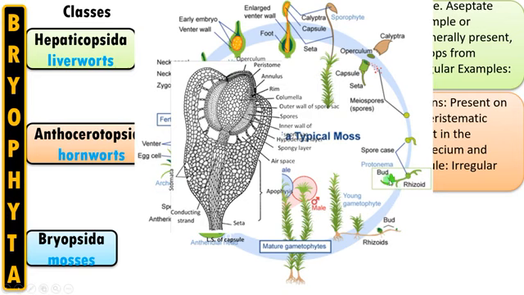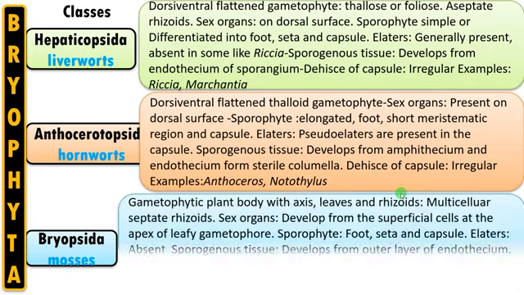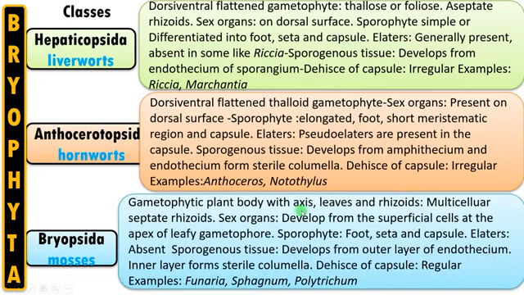With rhizoids, then the leafy gametophyte forms again. Let us summarize the characteristics. Gametophytic plant body with axis, leaves and rhizoids. That's why it is called the most advanced group. Multicellular septate rhizoids, well-developed rhizoids meant for attachment and absorption. Sex organs develop on the superficial cells at the apex of the leafy gametophore.